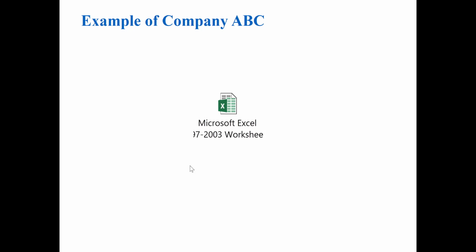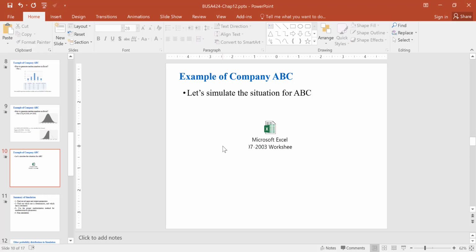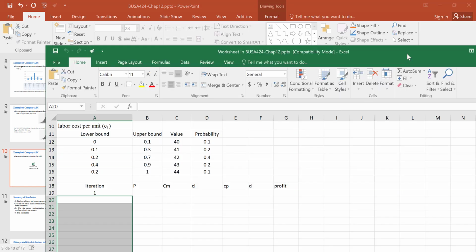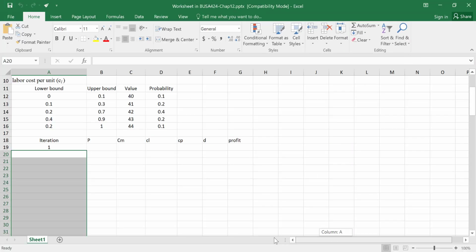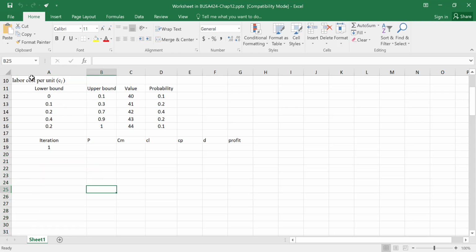Now let's do some simulation, how we can do the Monte Carlo simulation in Excel for this case, for this company. So we had some parameters.